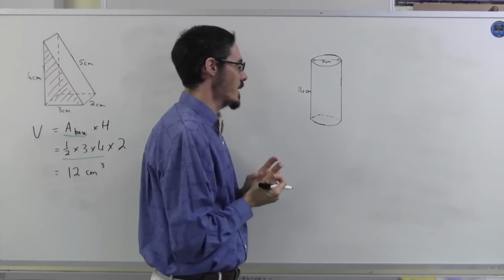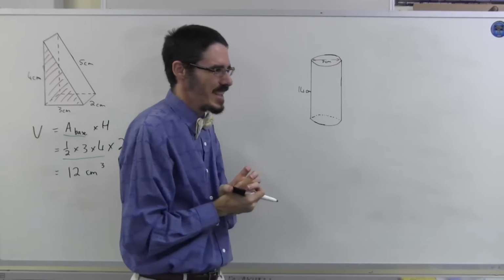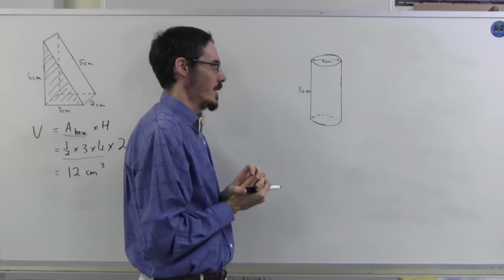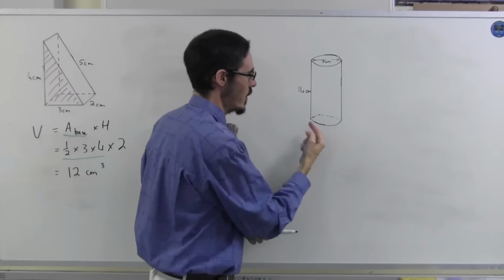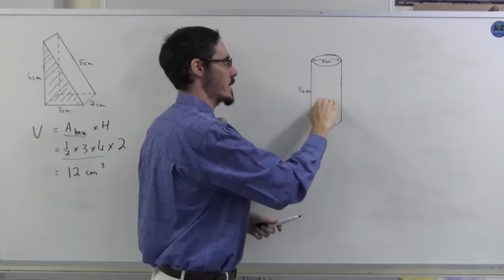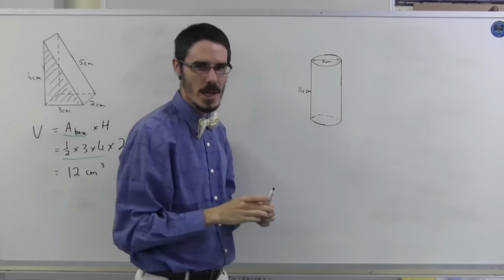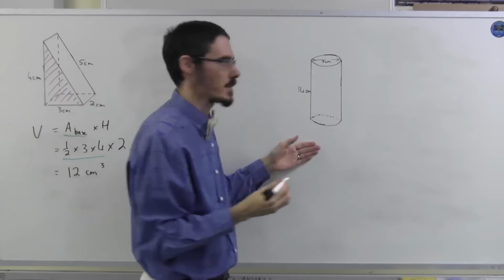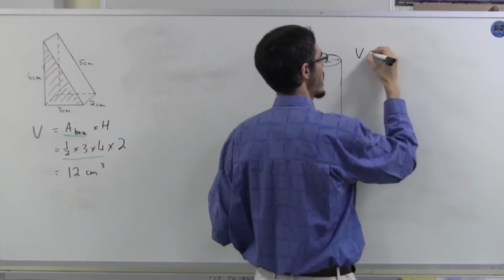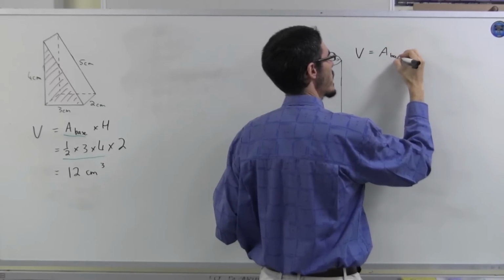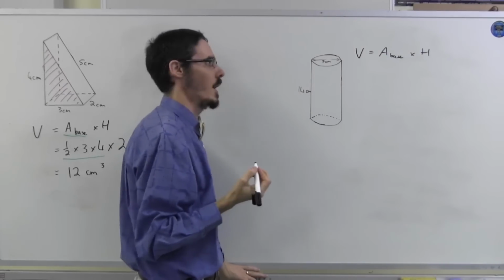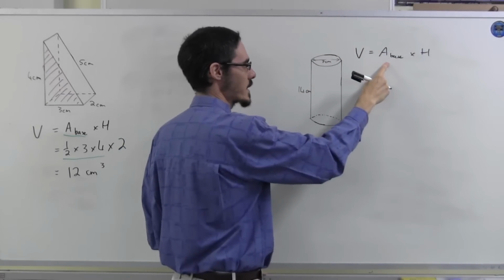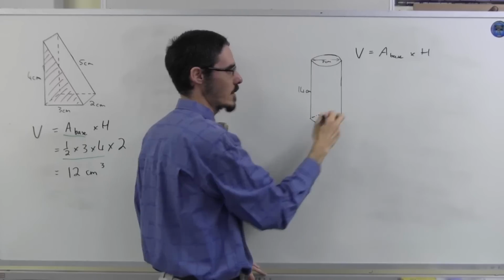The cylinder here, actually, it's pretty easy to work out because it's a prism. It's got a circle on the base that is the same circle wherever I look going up the shape. So it's just a prism. And the volume of a prism is the area of the base times by the height. Okay, what shape is the base? It's a circle.